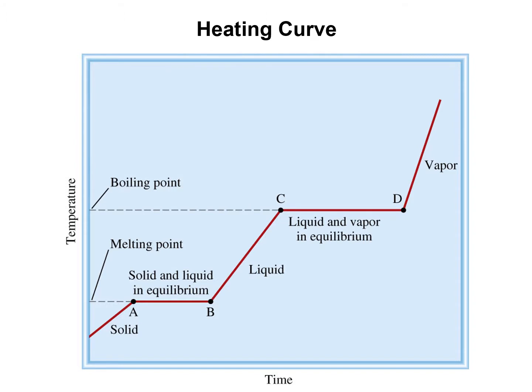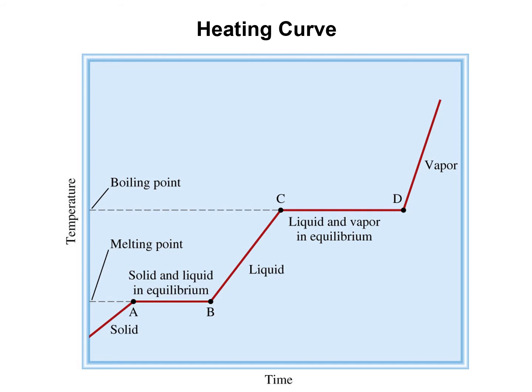This is what's called a heating curve, and after this video I'll be making another, and we'll work with solving some practice problems and drawing heating curves and taking a look at some phase diagram example type problems.